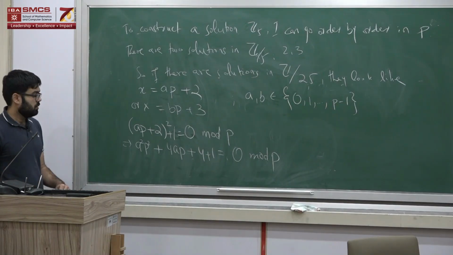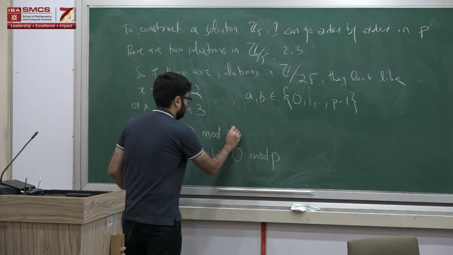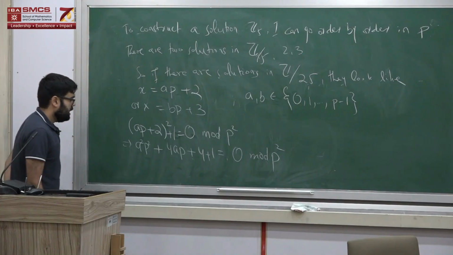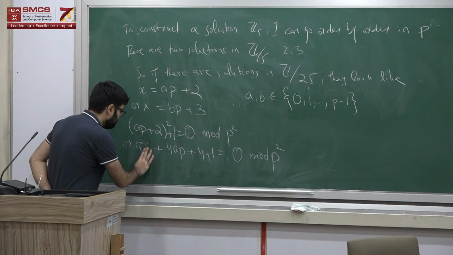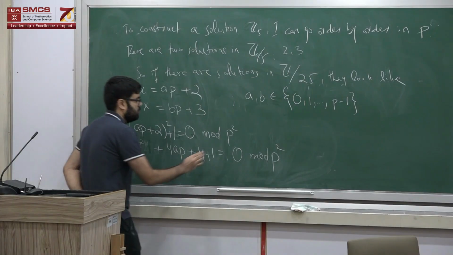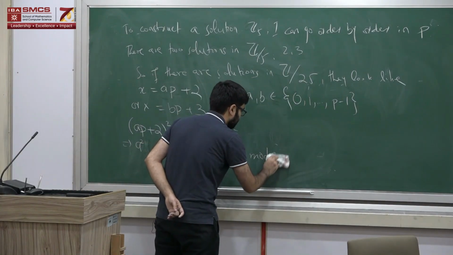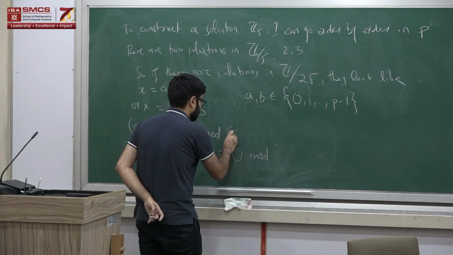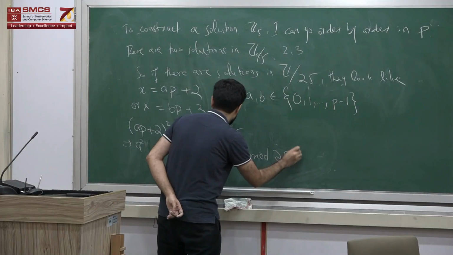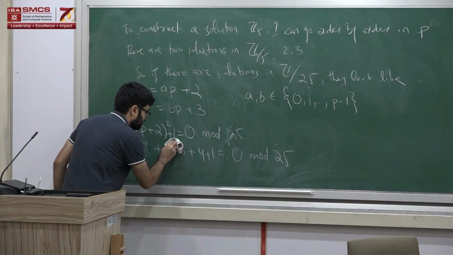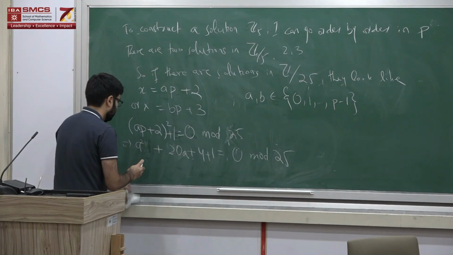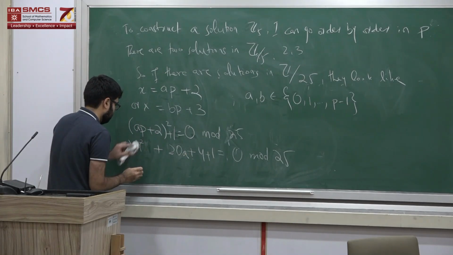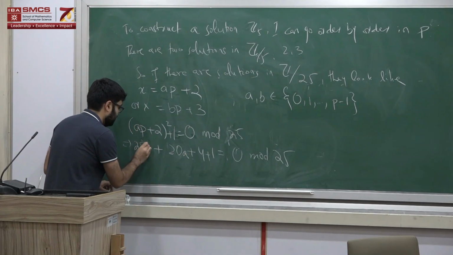So you want mod p squared, right? Mod p squared, yes. And this p is 5, so maybe I should have written 5 everywhere. So this is 25, this is 20a, and this is 25a squared.